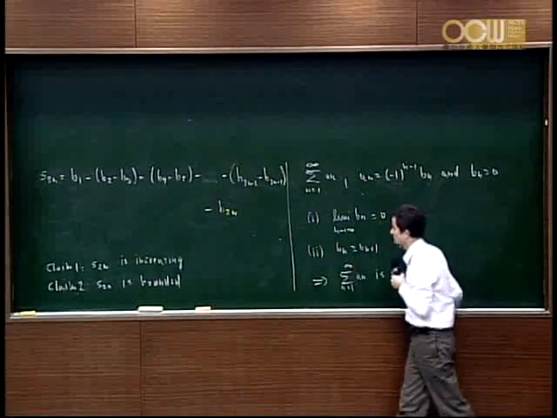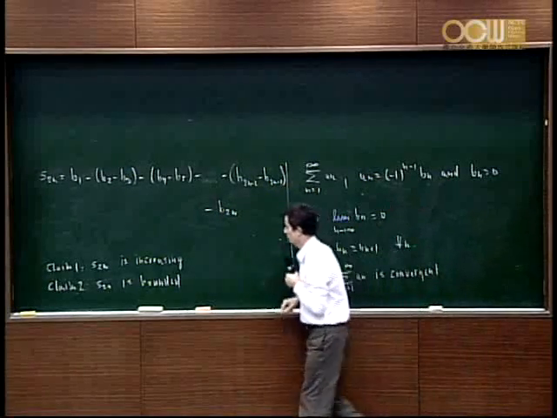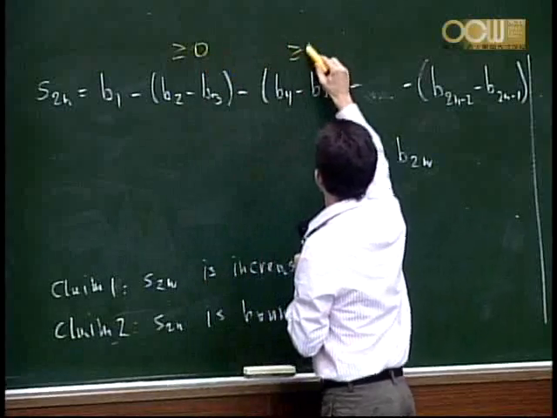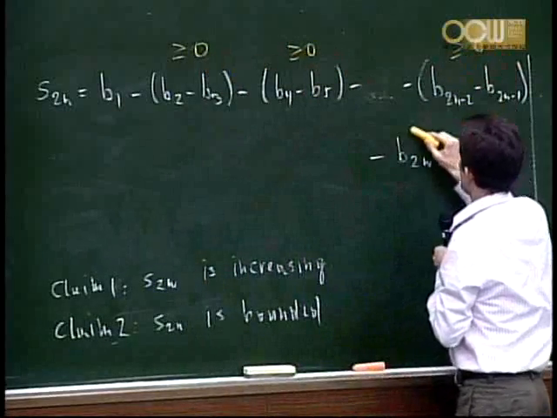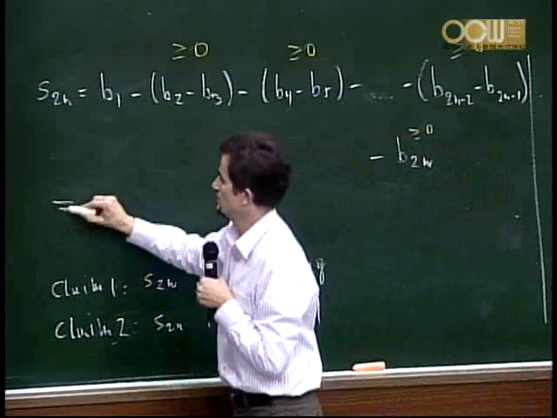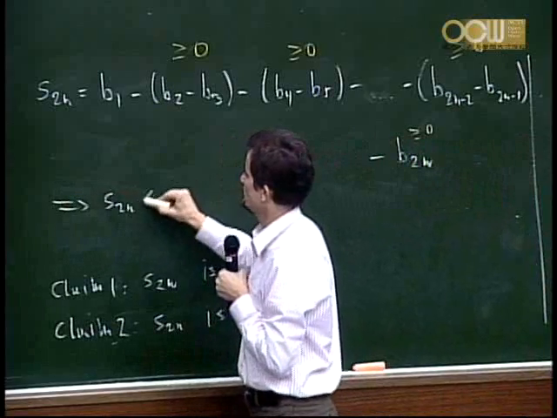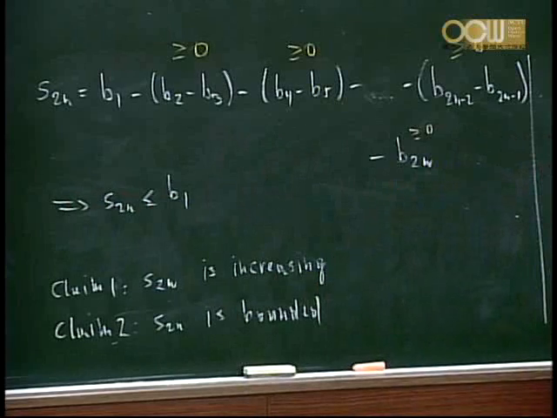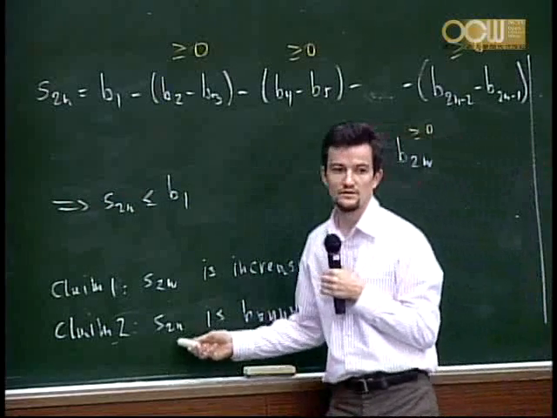Again you use this property: what you see in the brackets is larger or equal than 0, and this last one is also larger or equal than 0. So from this, it's trivial that S2n is smaller or equal than B1. So you see that indeed this sequence is bounded.